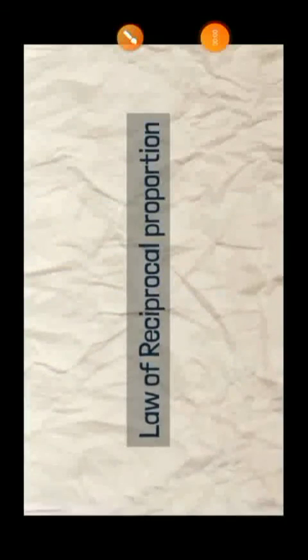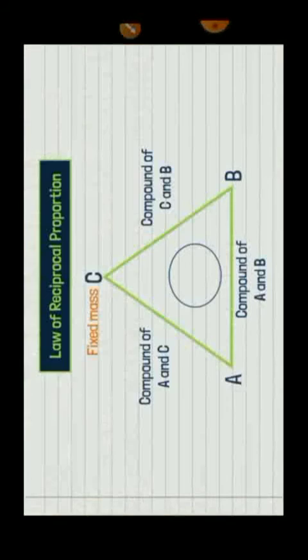Next is the law of reciprocal proportions. This law we will explain with the help of an example. Suppose we take three elements A, B and C, and out of these three elements we fix the mass of any one element.